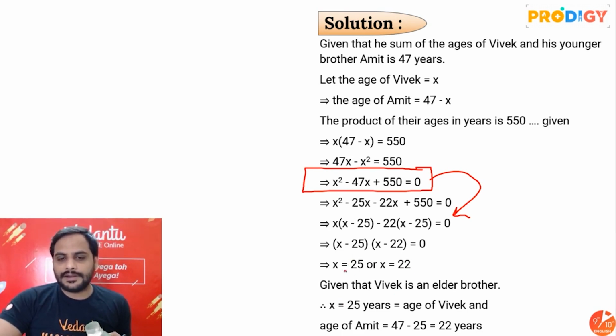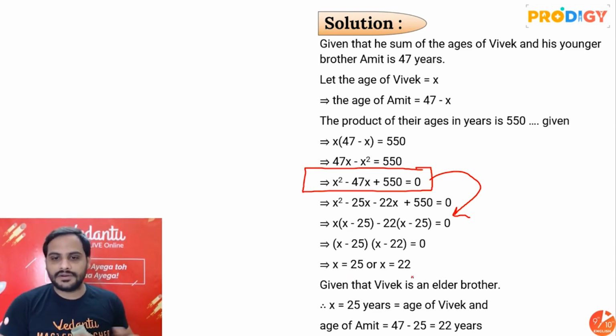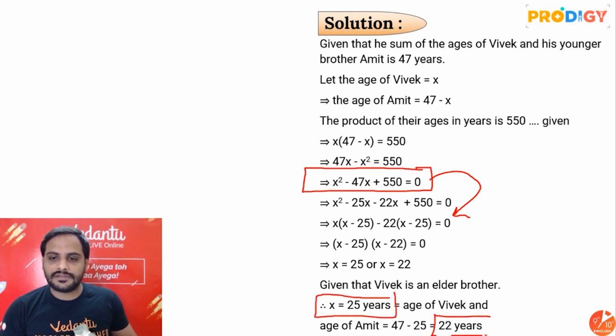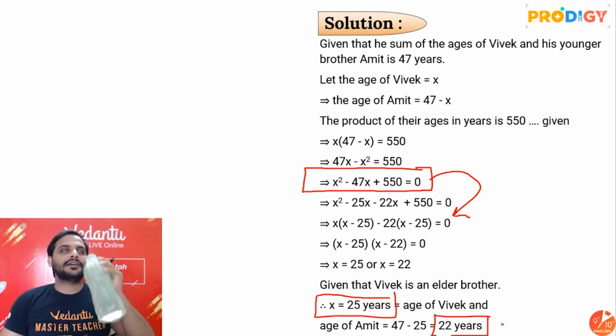So in this case beta, obviously if Vivek is the elder brother, if I keep x as 25, the age of Amit will become 22. But if I keep the age of Vivek as 22, Amit becomes the older brother. So only one solution: Vivek is the elder brother, Amit is the younger brother.